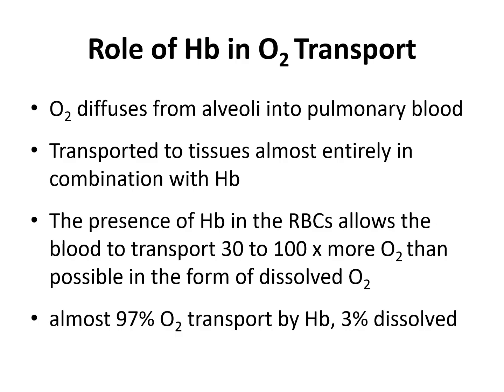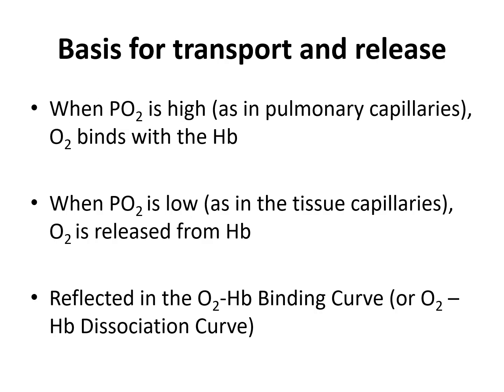So that's why hemoglobin is so important, because otherwise you would not be able to deliver oxygen appropriately to the tissues that need it. So when PO2 is high, PO2 being the partial pressure of oxygen, which reflects its concentration also in the blood, as you would get, for example, in the lungs, in the pulmonary capillaries, oxygen binds with hemoglobin.